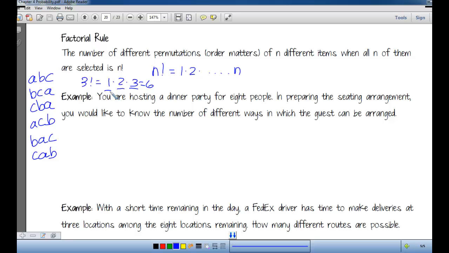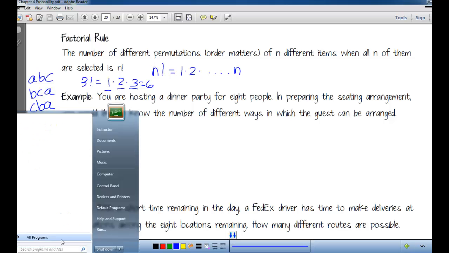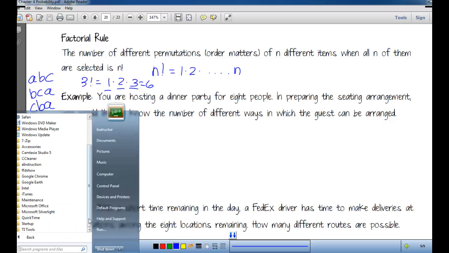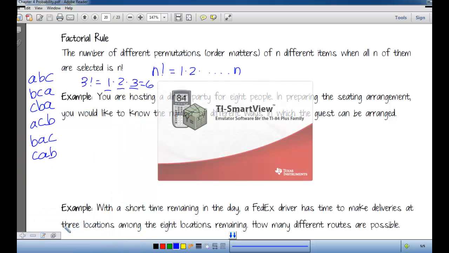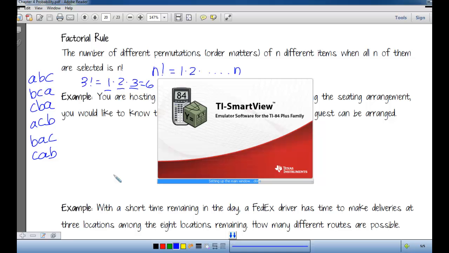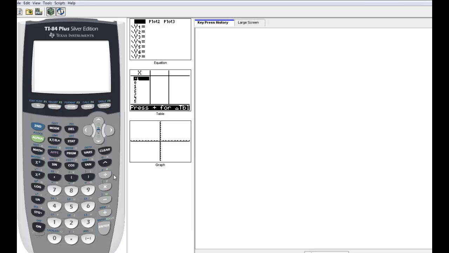Very quickly, on our calculators, if I want to get 3 factorial, I'm going to hit 3.